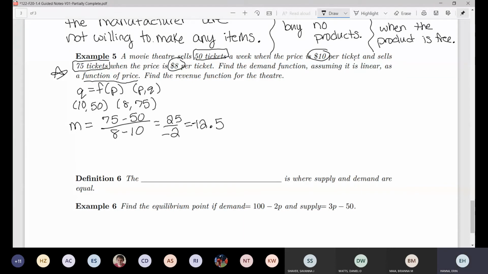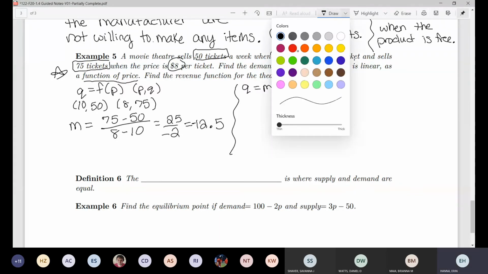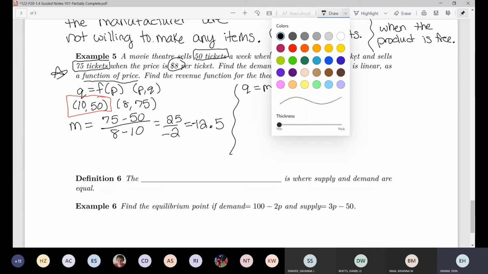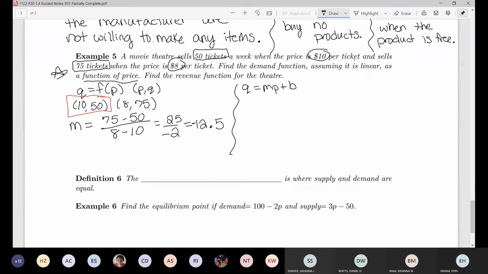Now that we have our slope, we go ahead and look at our y equals mx plus b, or in this case, q equals mp plus b. We get to pick whichever point makes us happier. I guess the 10, 50 makes me happier. Again, it doesn't matter which one you choose. You're going to get the same answer either way, but whichever one makes you happier. So the Q is 50. M is negative 12.5. P is 10.